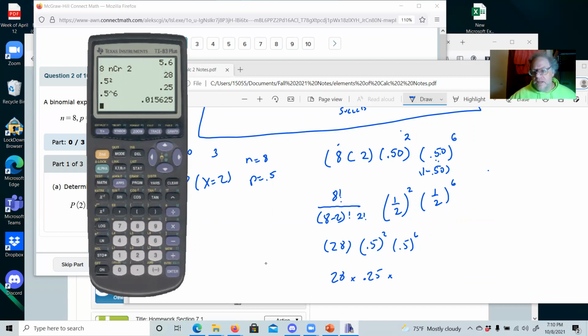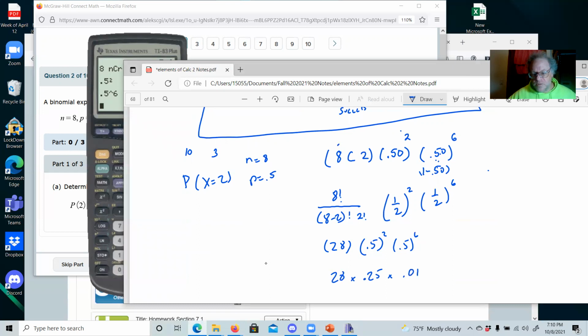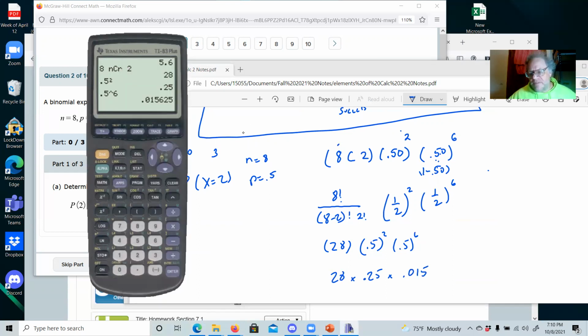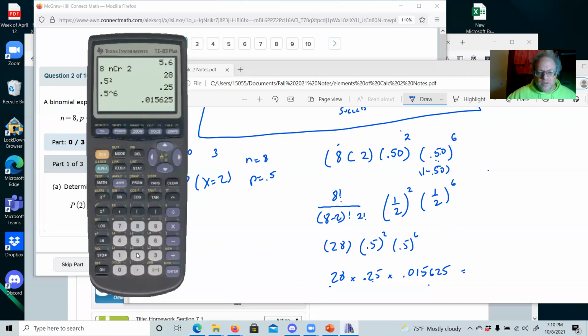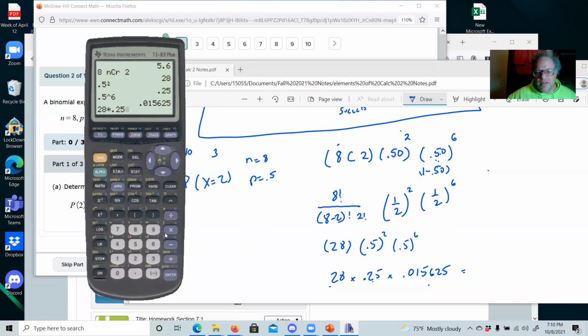This is 0.015625. All these are times together, so we have to multiply them all together. So we're going to say 28 times 0.25 times 0.015625.